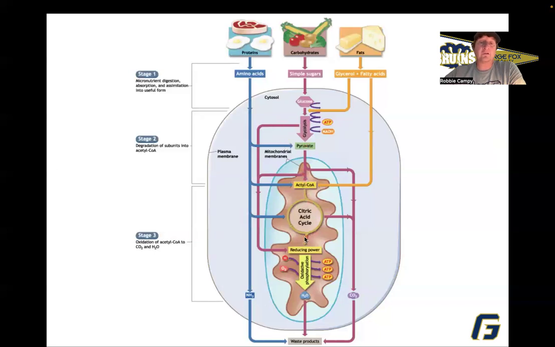It now enters into the citric acid cycle, which has all kinds of names. You may know it as the Krebs cycle. Chemists like to talk about it as the tricarboxylic acid cycle. It has lots of names, but Krebs cycle and citric acid cycle are probably the two you're going to encounter the most in kinesiology.